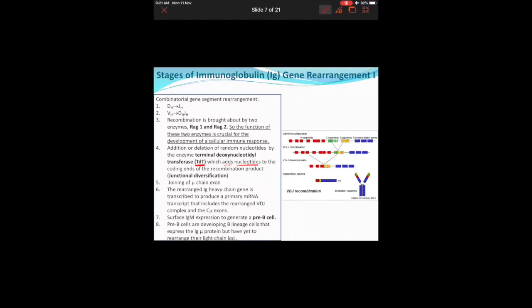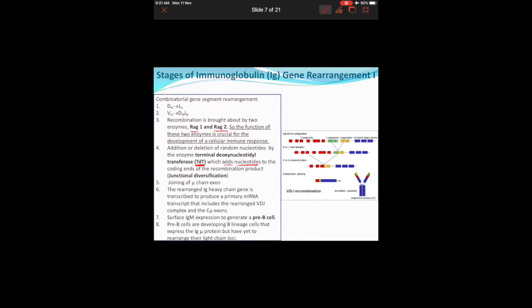The other contribution to this variability is that RAG1 and RAG2, which are essentially nucleases, cause the DNA to loop, and so the adjacent D and J's come together and the outside loop gets nicked out.